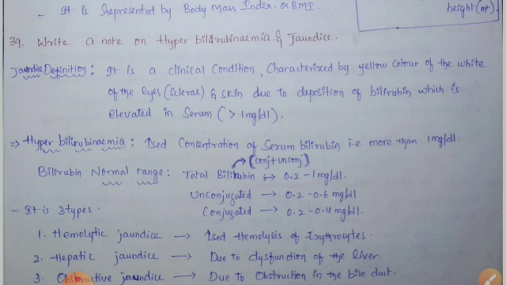Bilirubin is elevated in the serum. Generally the normal bilirubin concentration is 0.1 to 1 mg per dl. If the concentration increases to more than 1 mg per dl, the skin and white part of the eye become yellowish. That condition is known as jaundice.